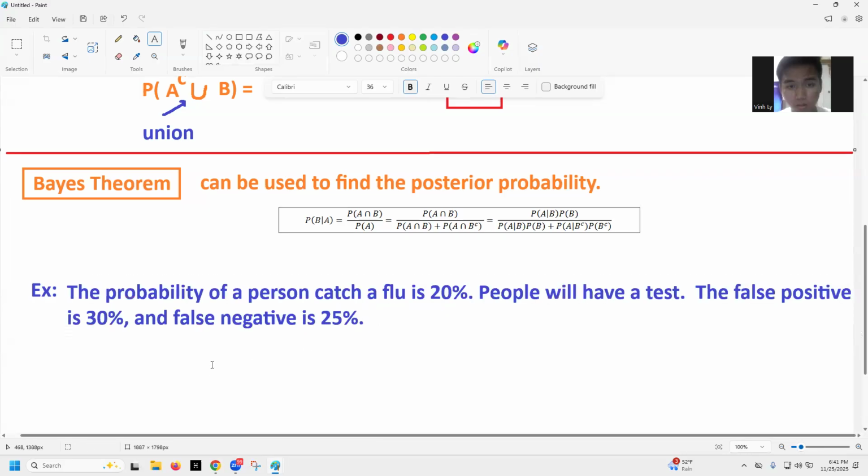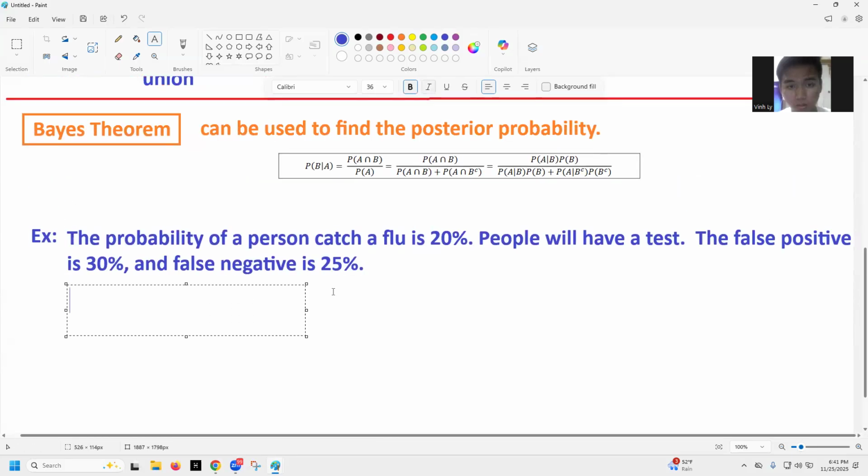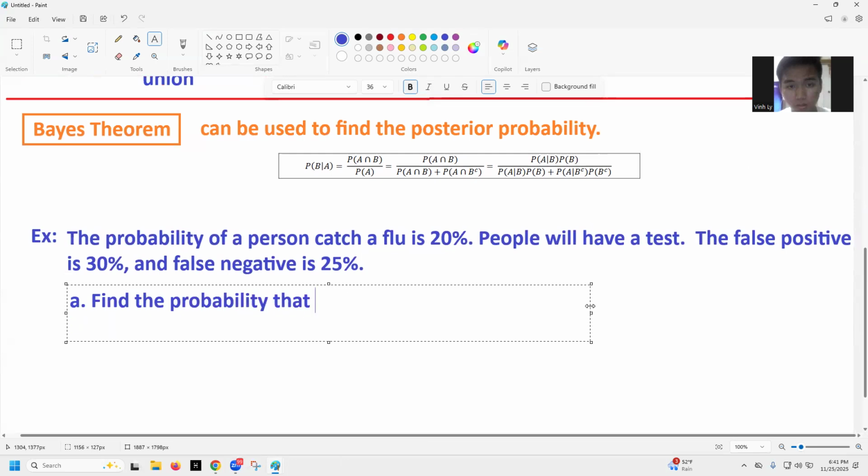All right, so there are a few parts. What is the probability that a person gets a positive test? Are we good?